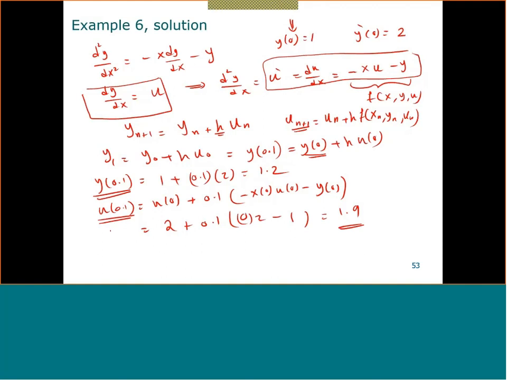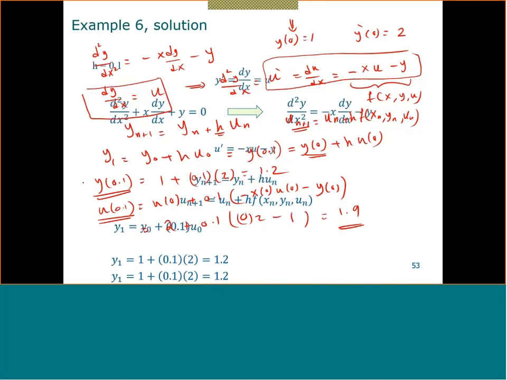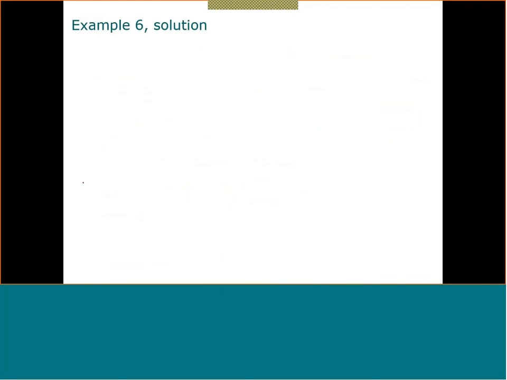Excellent. But I want to find y at 0.2. Now, what is y2 equal to? y1 plus h u1. Now I know y1 and I know u1, so y at 0.2 equal to y at 0.1 plus h u at 0.1.